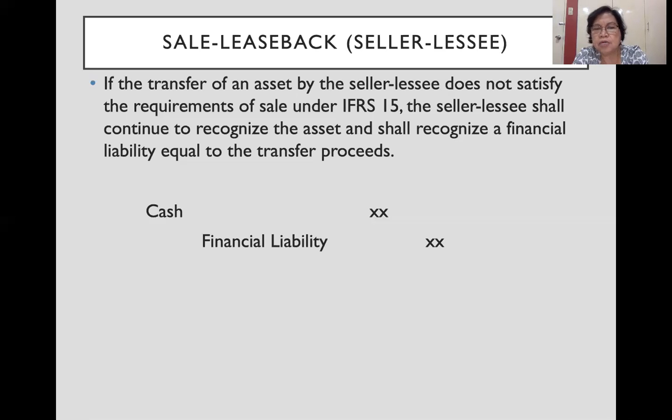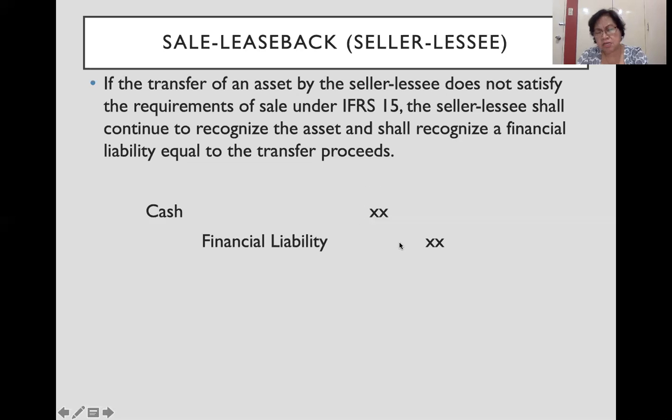So if it is a borrowing transaction, then it will have to be recorded as a borrowing transaction, wherein we debit cash and credit a financial liability account. Then the periodic payment of the rental will be recorded as a reduction of the financial liability.